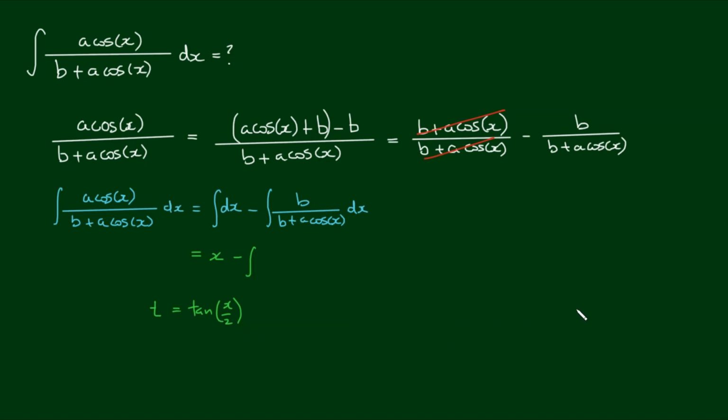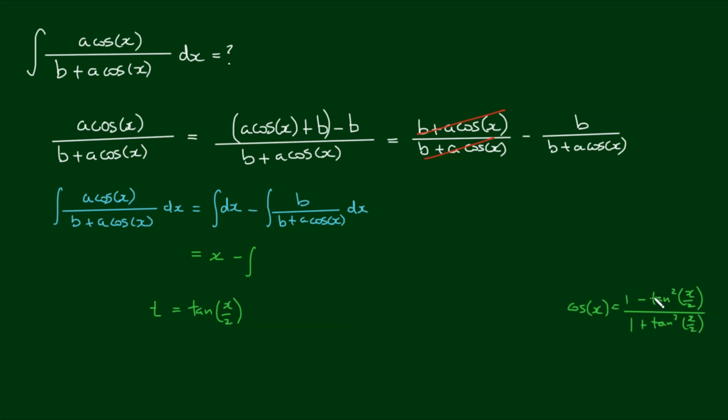Because in a previous video I've covered that the cosine of x can be expressed as 1 minus the tangent squared of x on 2 divided by 1 plus the tangent squared of x on 2.